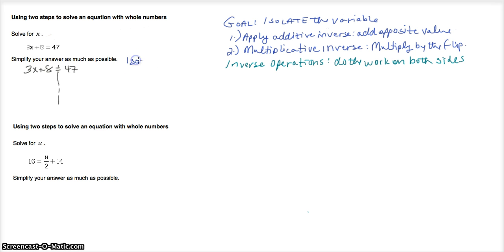So we need to always write out the goal. x is our variable, so we want to isolate that. And the first step we're going to perform is the additive inverse, so we're going to add -8 to both sides.